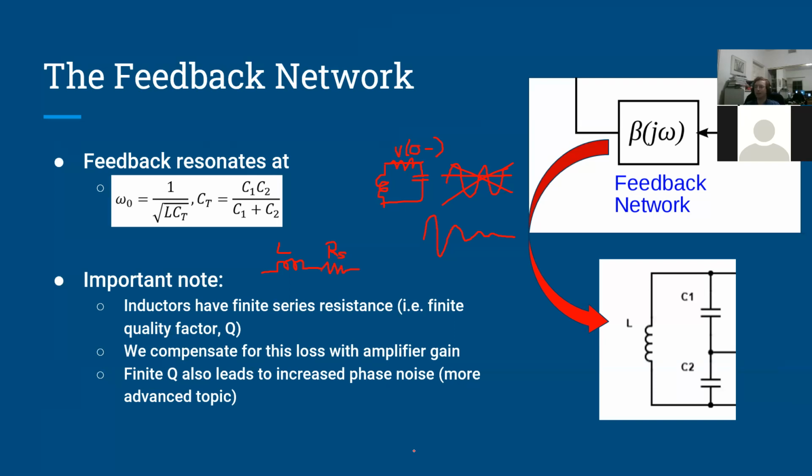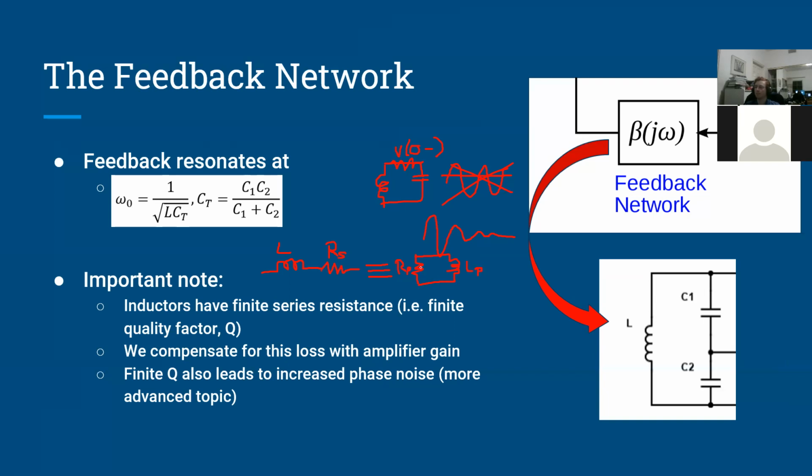So what I presented earlier is the feedback way of looking at oscillators. There's also something called the negative resistance approach. And so I can write this series RL model as a parallel RP and LP.